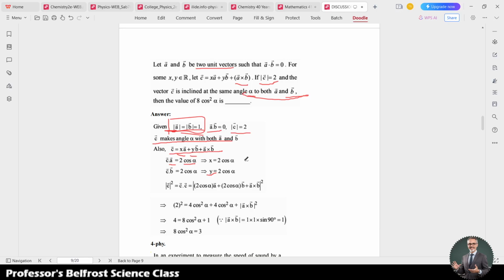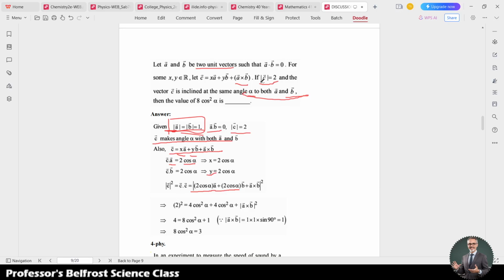So x is 2 cos alpha, y is also 2 cos alpha. So c squared, which is c dot c, is x squared plus y squared plus a cross b squared.